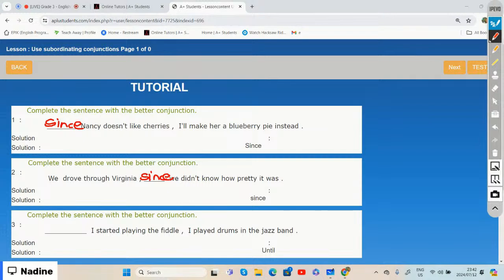Yes. And the last one before we go to our test, it says, I started playing the fiddle. I played drums in the jazz band. We need to choose the correct subordinating conjunction.